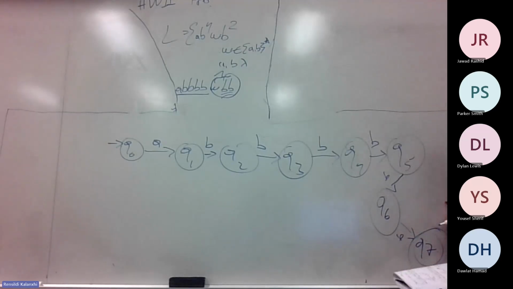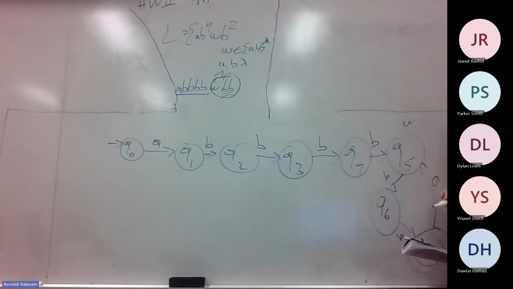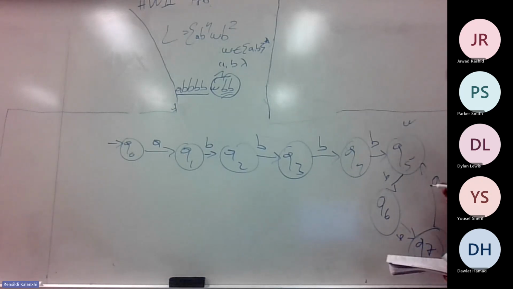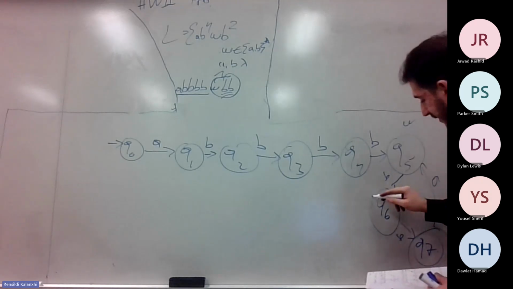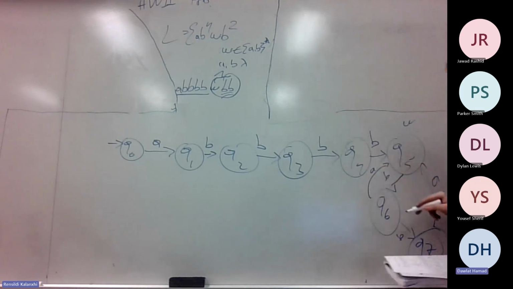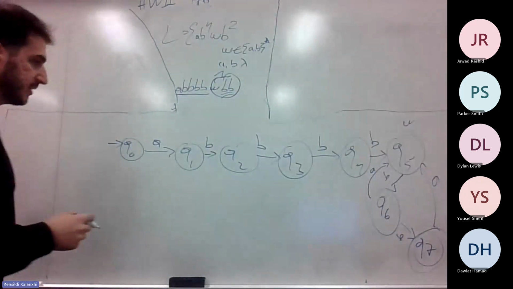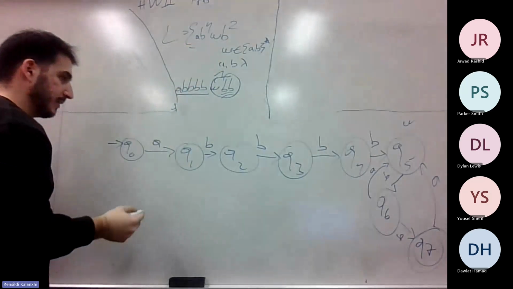But if we want any combination of a and b or lambda, we send a here, where you can think of Q5 as ω, where you can loop around and choose different combinations of a and b. Since this is a DFA, we do the same thing for Q6 for a, and remember that we need exactly as many transitions per state as there are symbols in the alphabet.